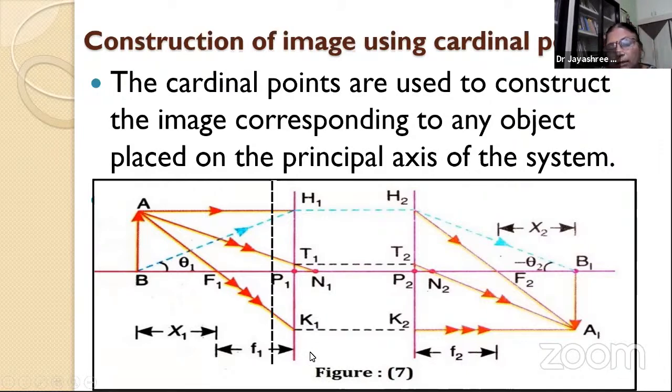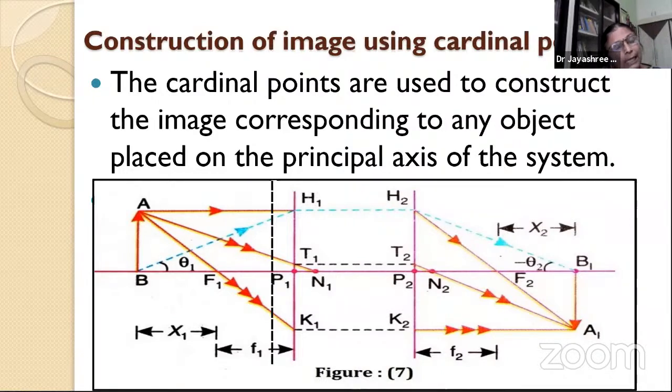Whenever we consider the second ray, it is drawn passing through the first principal focus F1, and touching the first principal plane at this point, which is K1. Rays AF1K1 and AF2K2 are the two rays. This is the first one, and the second one is AF1K1.